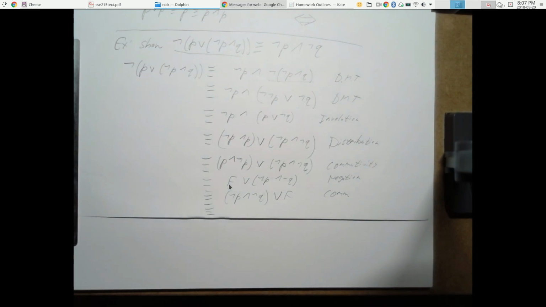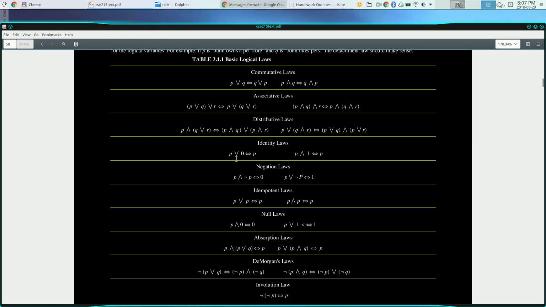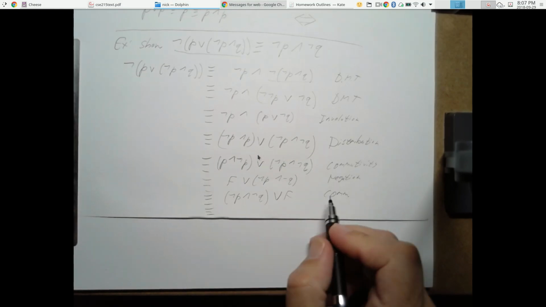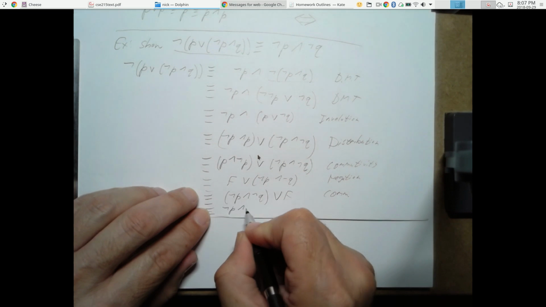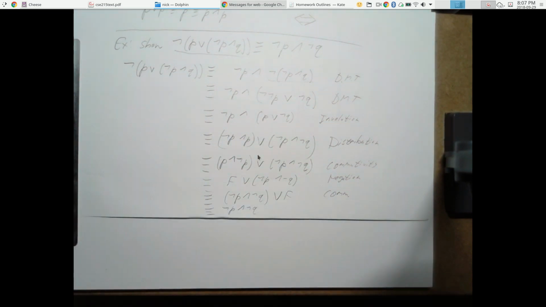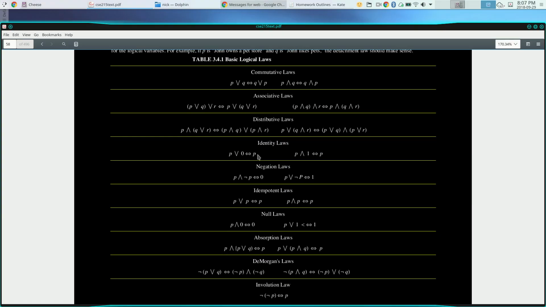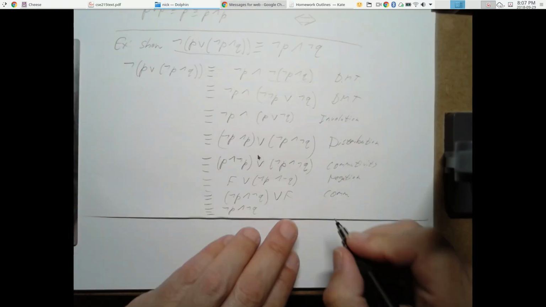And now I'm going to take this identity which says P ORed with false is equivalent to P. So this thing ORed with false is equivalent to not P and not Q. And that is the identity law.